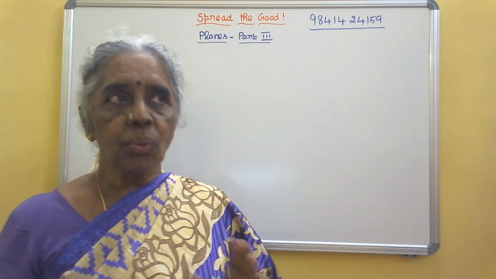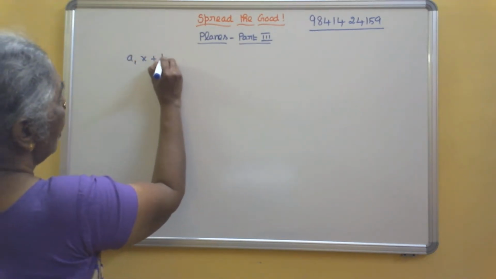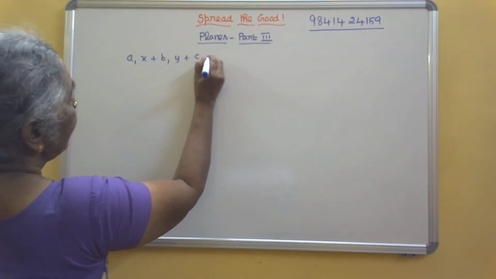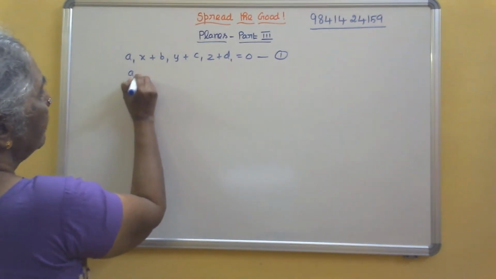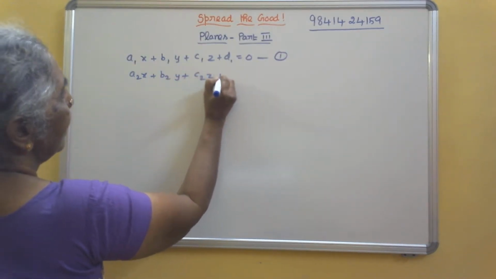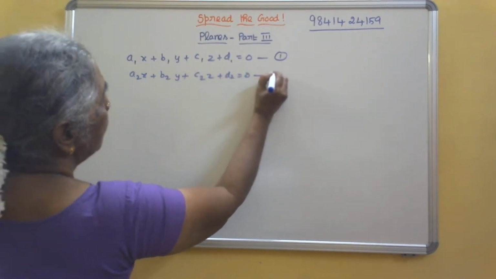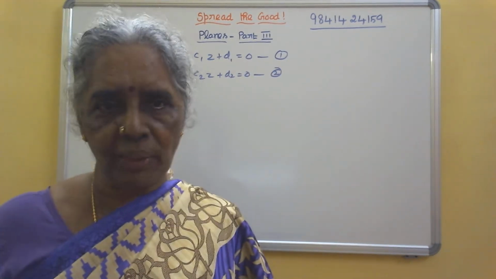Okay? So now, let us take the 2 planes are a1x plus b1y plus c1z plus d1 is equal to 0 and a2x plus b2y plus c2z plus d2 is equal to 0. These are the 2 planes. Now these 2 planes will intersect over a line.